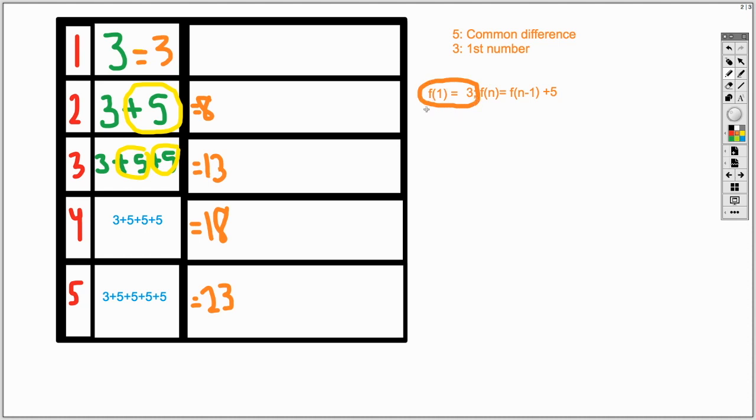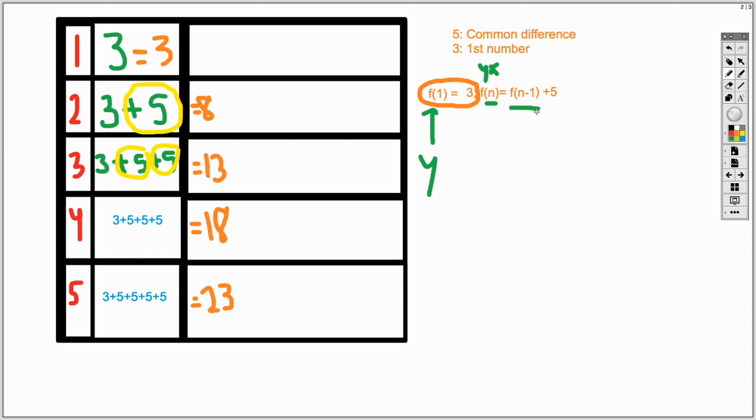You could imagine F as Y. The first value is 3, so Y equals 3, because we don't add any number, it's just 3. Then F is Y, and you can imagine N as X.